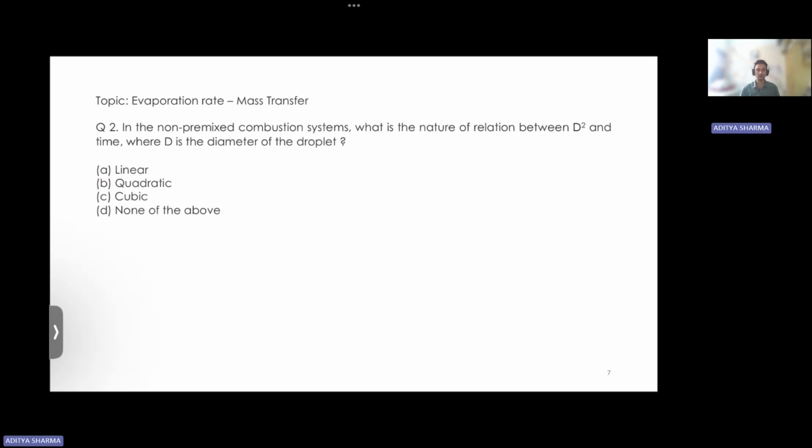The question is on evaporation rate, mass transfer of your fuel droplet.